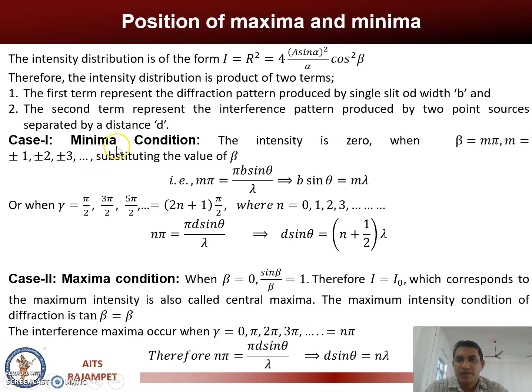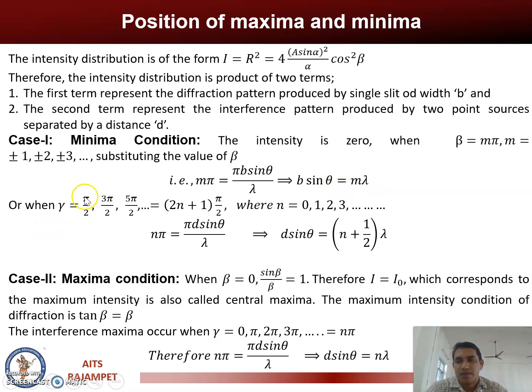Case 1, minima condition. The intensity is 0 when alpha is equal to m pi, where m is equal to plus or minus 1, plus or minus 2, plus or minus 3 and so on. Substituting the value of alpha, m pi is equal to pi b sin theta by lambda, here pi cancels and b sin theta is equal to m lambda.